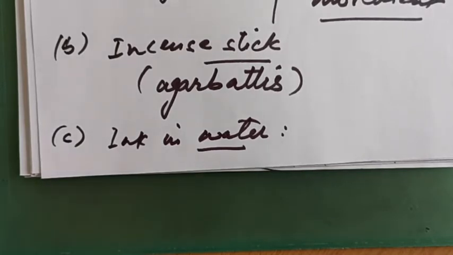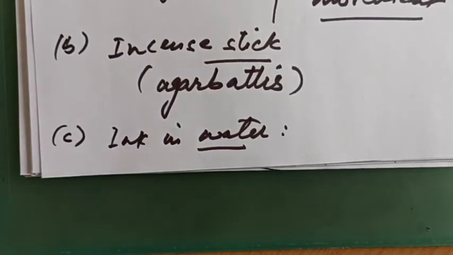If ink is green, the water becomes green. Understood? So this is also because of diffusion, and this also explains that the particles of matter are not stationary, they are constantly moving. Okay, and it also explains that the particles have spaces in between them, that is interparticle spaces. Clear? So these are the three examples which you can cast in this character.